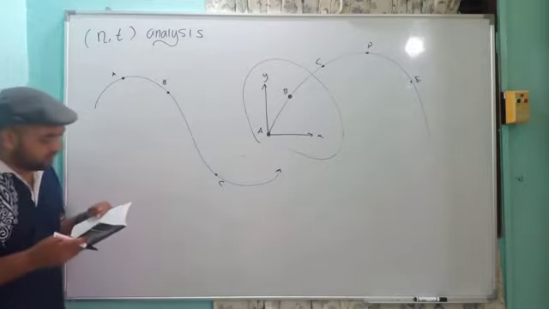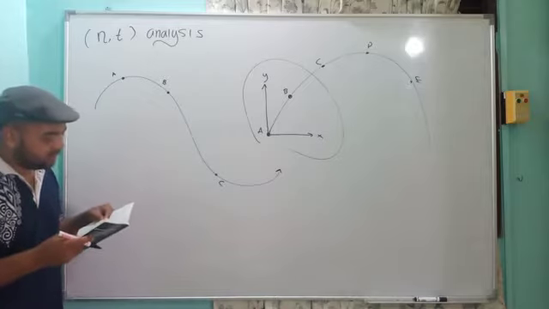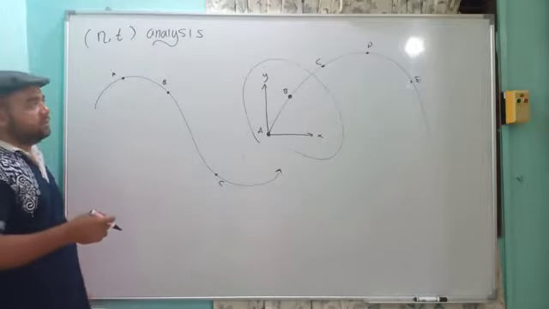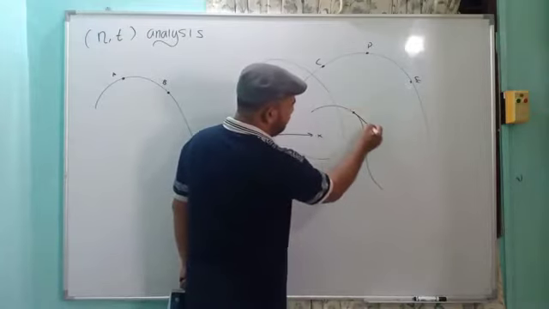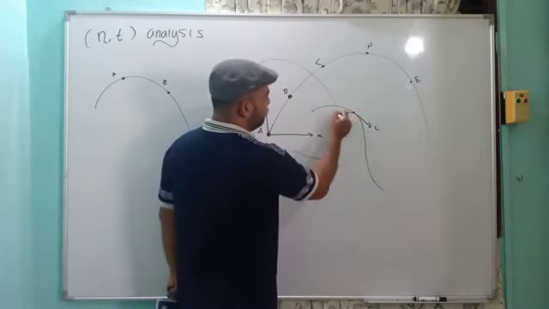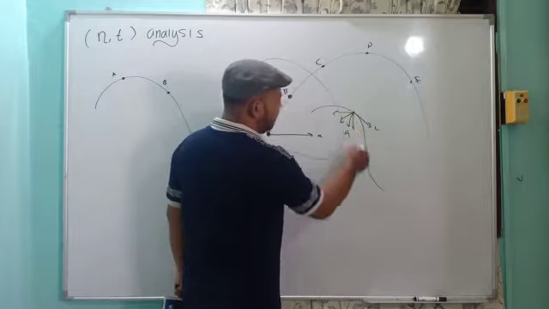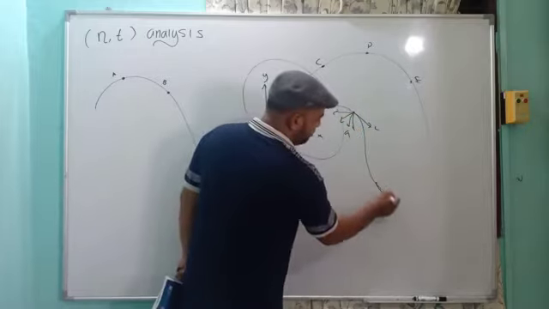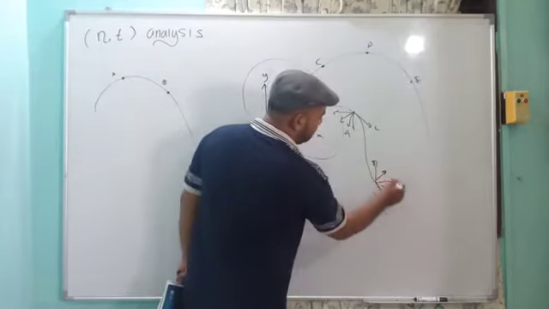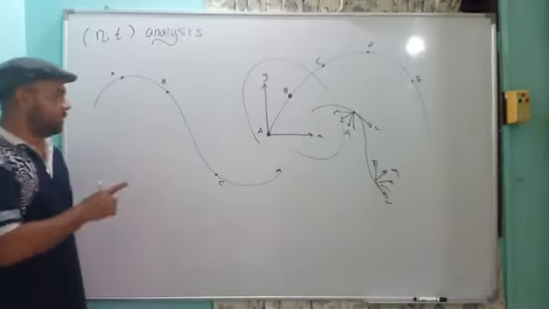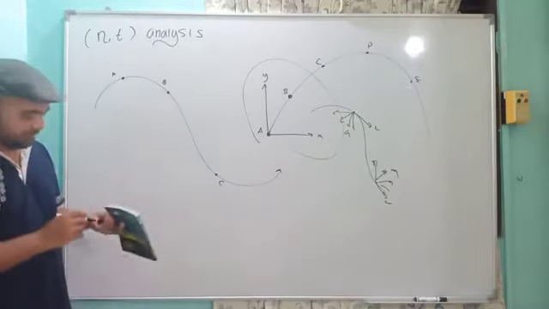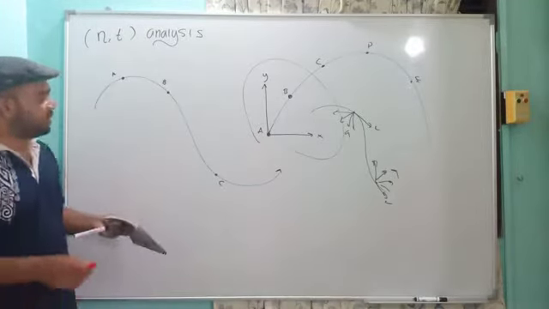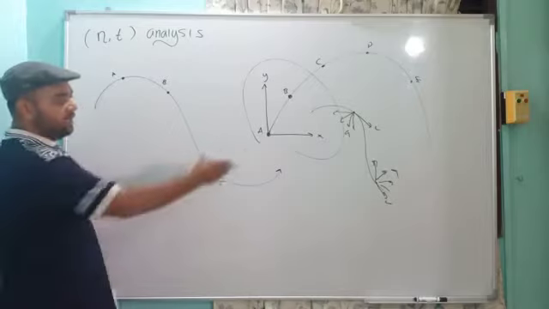The t-axis is always in the direction of the velocity v and tangent to the curve in the direction of motion. We have seen this from the previous lesson. If we have this curve, this is your velocity, tangent to the curve, and somewhere inside the curve is your A. Same here, velocity, and somewhere here is your A. So the t-axis is in the same direction as the velocity, tangent to the curve and following the direction of motion.